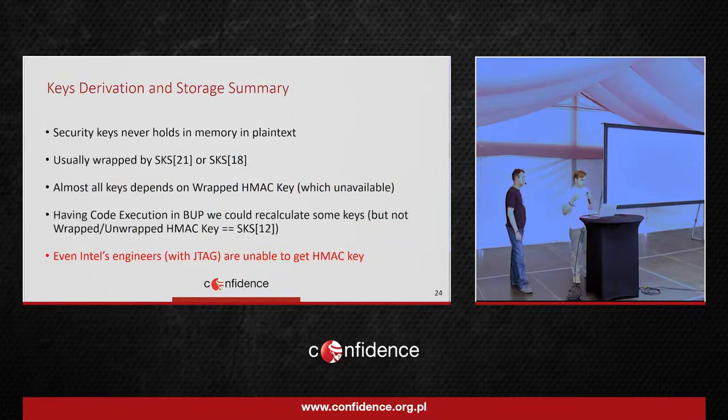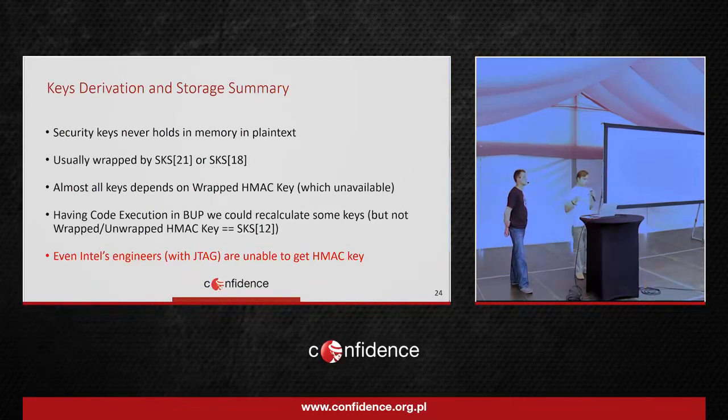A small summary: security keys are never held in memory in plain text, and usually wrapped. Key 21 and 18 are removed; 21 isn't removed and 18 is removed from the memory, but all keys we can use for rewrapping data.